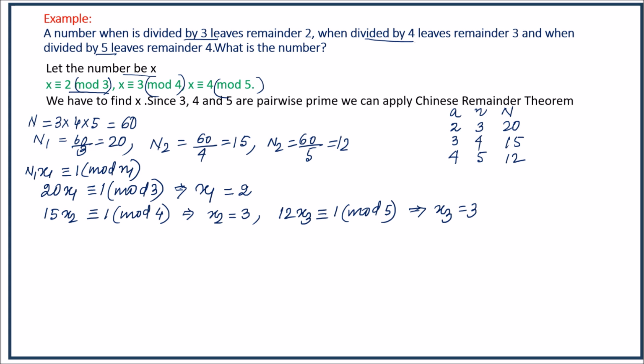So writing x here, it will be 2, it will be 3, it will be 3. Now coming to x. So x is equal to a1 n1 x1 plus a2 n2 x2 plus a3 n3 x3, modulo n.